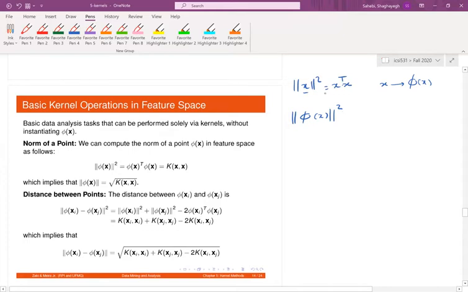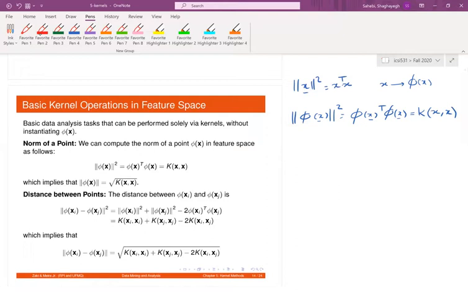From the definition of norm above, we know that the norm of phi of x is equal to phi of x transpose phi of x. Well, from the definition of kernel, we know that this is equal to the kernel between x and x, right?